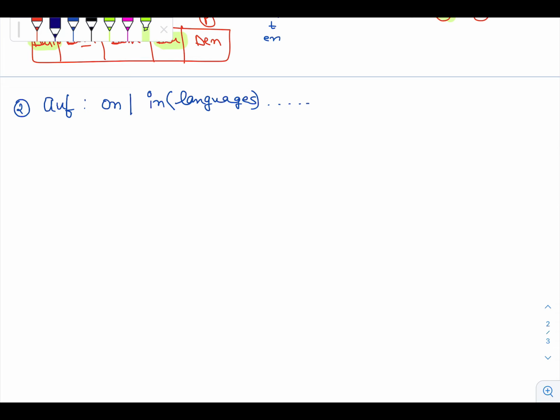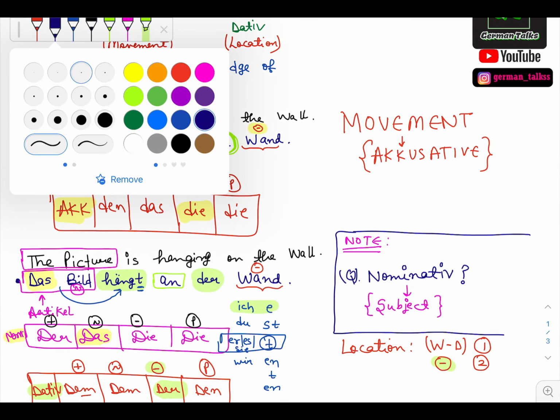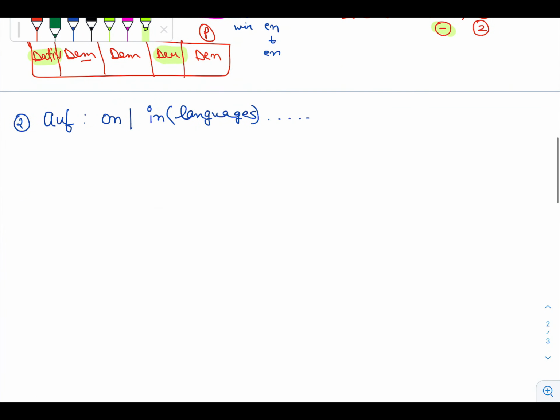Now we will see the examples of "auf". And this "on", for example, here I told you about this vertical surface. Here "on", here see, here also it is on and here also it is on, but here it is for horizontal surface.